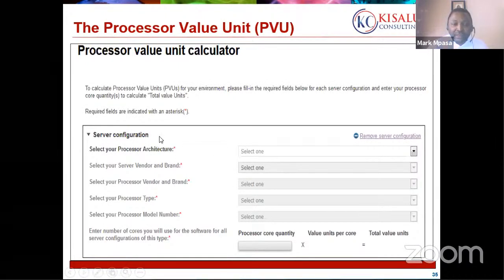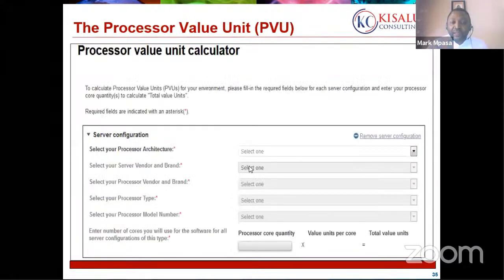So you look at the architecture, the processor brand, the processor type, the model, then it will give you automatically what is the value that IBM gives to that unit. Then if you know how many cores you want the software to be used on in that system, it will then give you the total value that you will have to license.